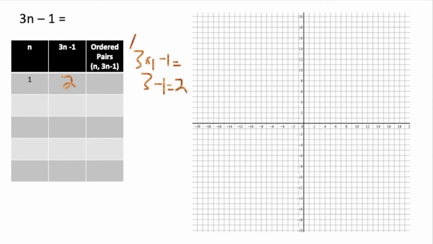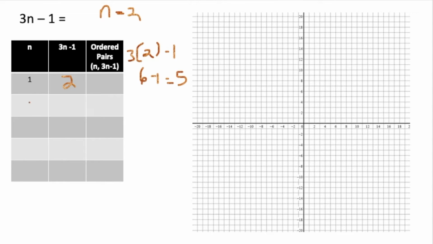Next, I'm going to say n is equal to 2. So I'm just going to plug that in. 3 times 2 minus 1. This is 6 minus 1, and that is going to be equal to 5. So if I put 2 here, 5 is here.